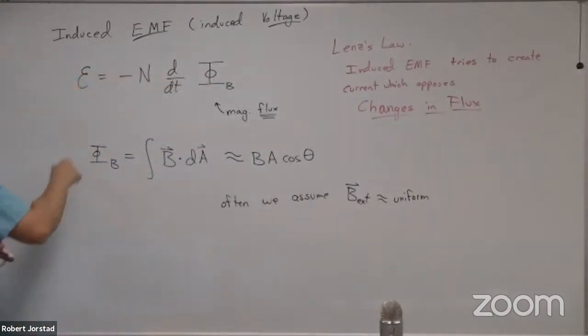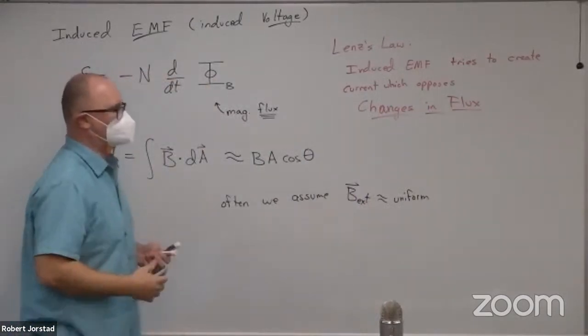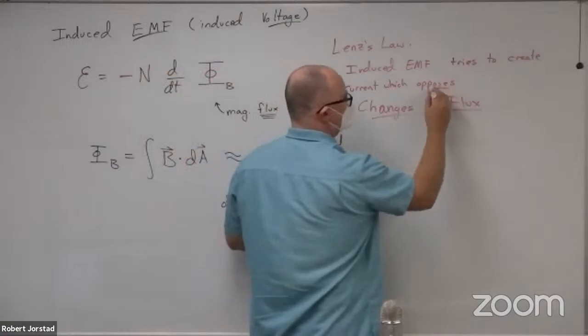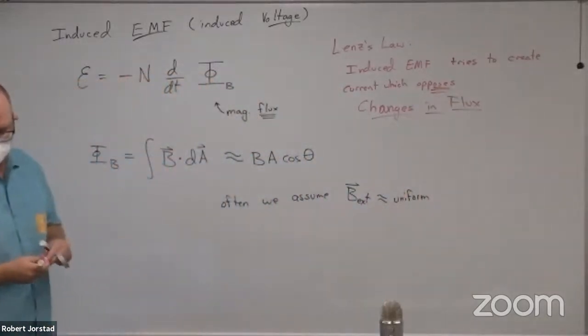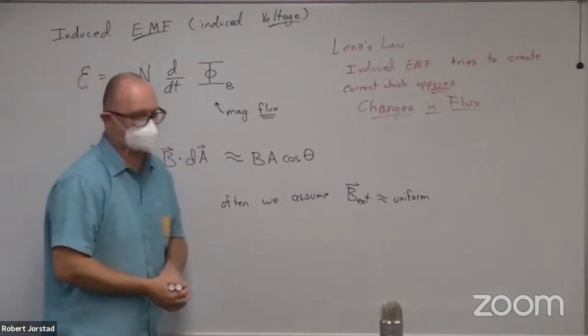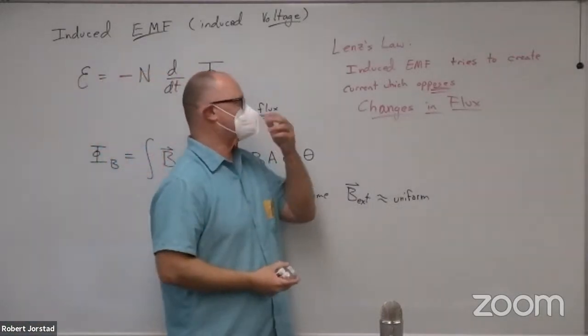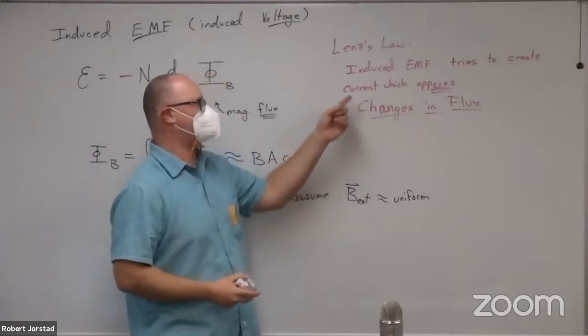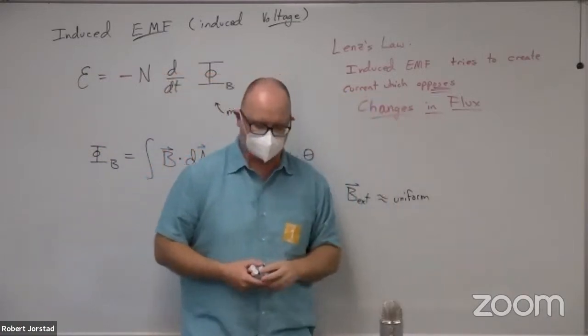So the minus sign is supposed to represent some kind of direction here. And it's this word opposes, right? So opposite, opposes, minus sign, that's where the minus sign comes from in this equation. Now it says the induced EMF tries to create a current which opposes changes in flux.